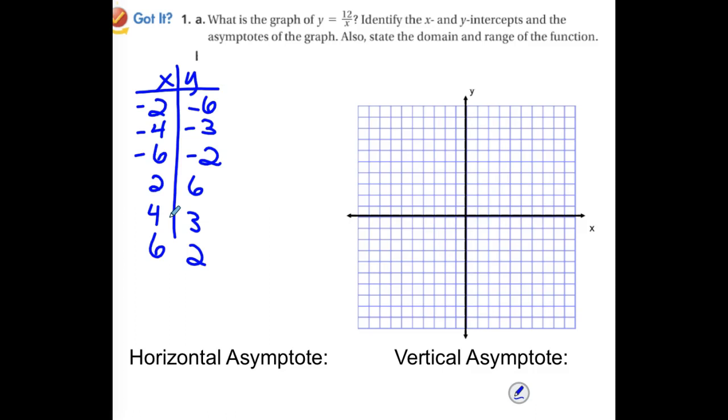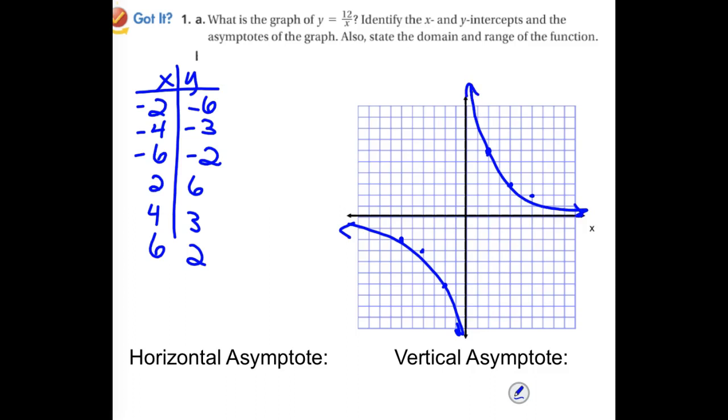So plotting those points, -2, -6, -4, -3, and -6, -2. So again, we have a branch in this quadrant. 2, 6, 4, 3, 6, 2.